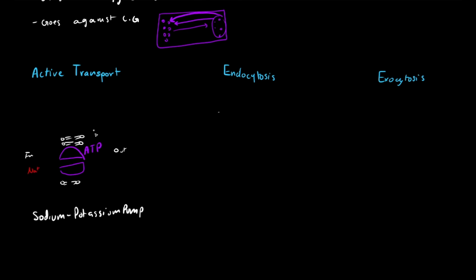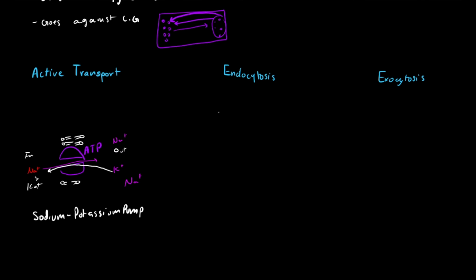And what the cell does is it actually pushes sodium outside of the cell, even though there's already a plethora of sodium ions outside of the cell, and at the same time brings in potassium ions, which actually help the cell do metabolic functions. But within the cell, of course, there's already a ton of these potassium ions.